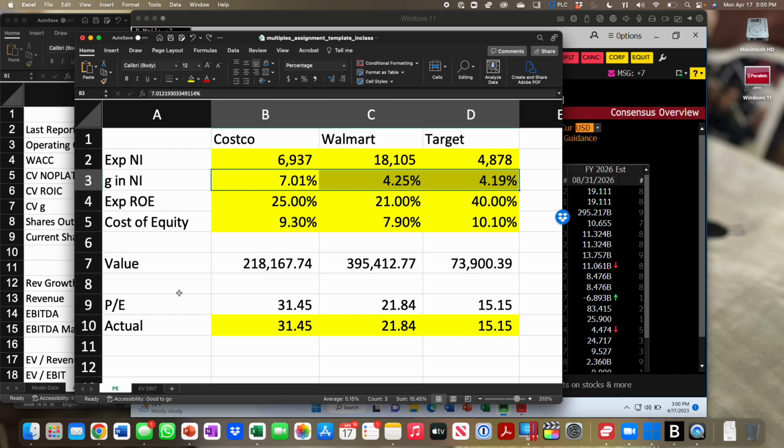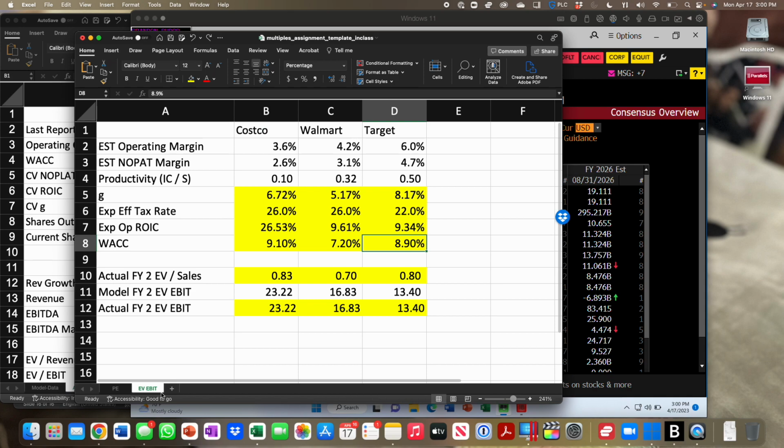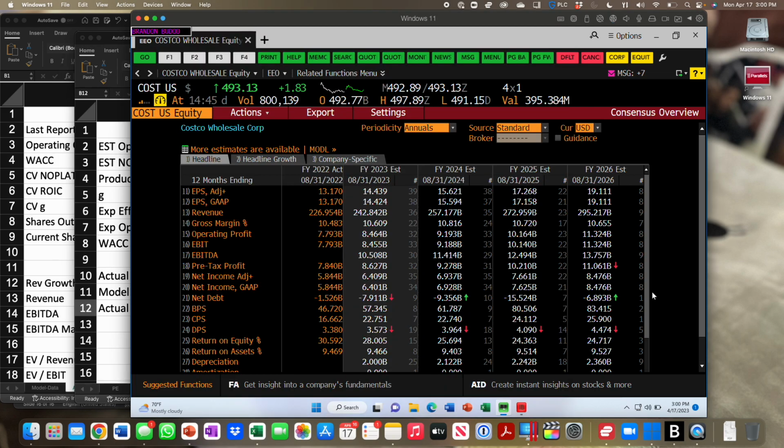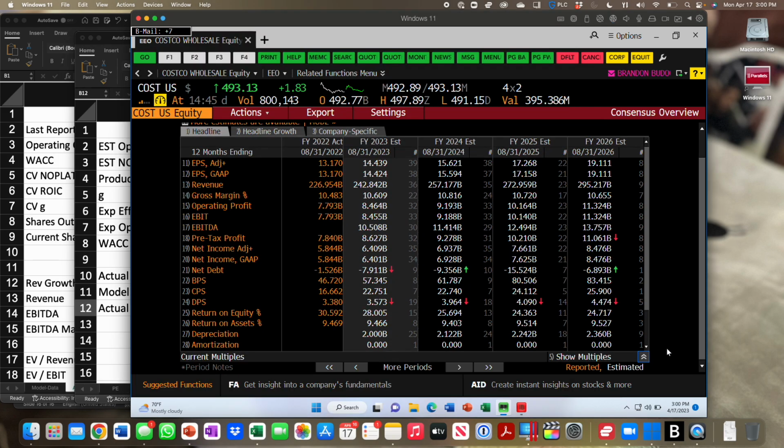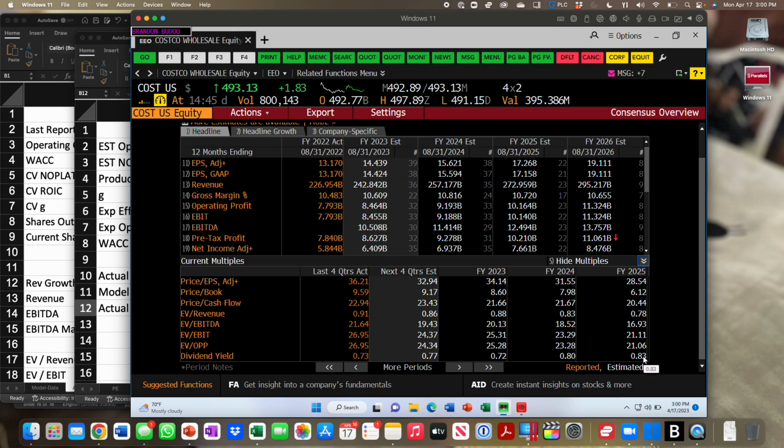Finally, before I do my analysis, I go to the EV to EBIT tab. Same thing. I need my EV to sales and my EV to EBIT for Costco. Either scroll up or maximize if I minimized. Here's my EV to sales or revenue. Second forward year, 0.83.